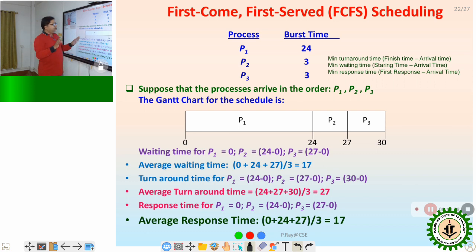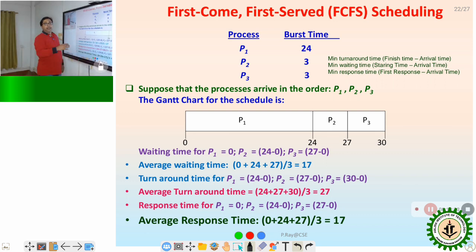Here we are assuming that P1, P2, P3 arrive at time 0, but let P1 come first, then P2, then P3. Now for that, P1 will be executed first.